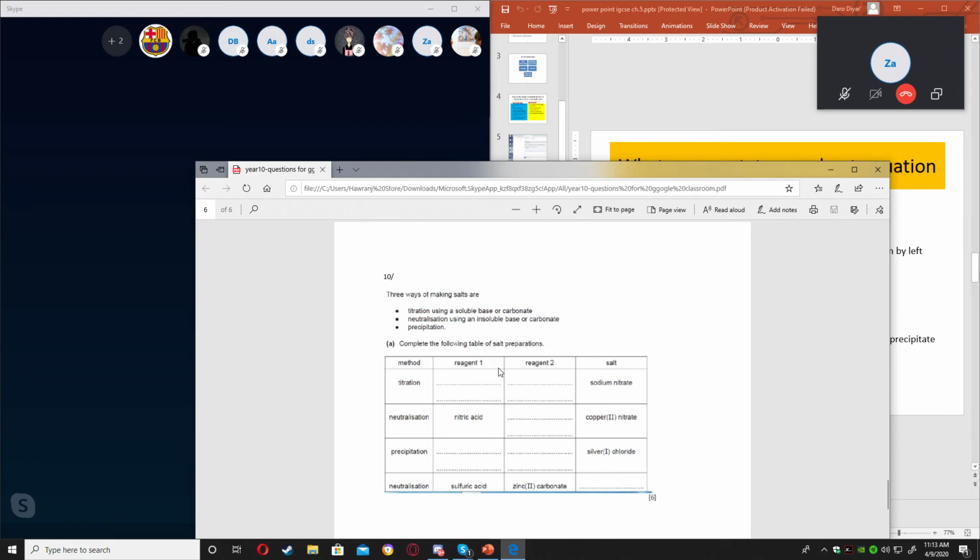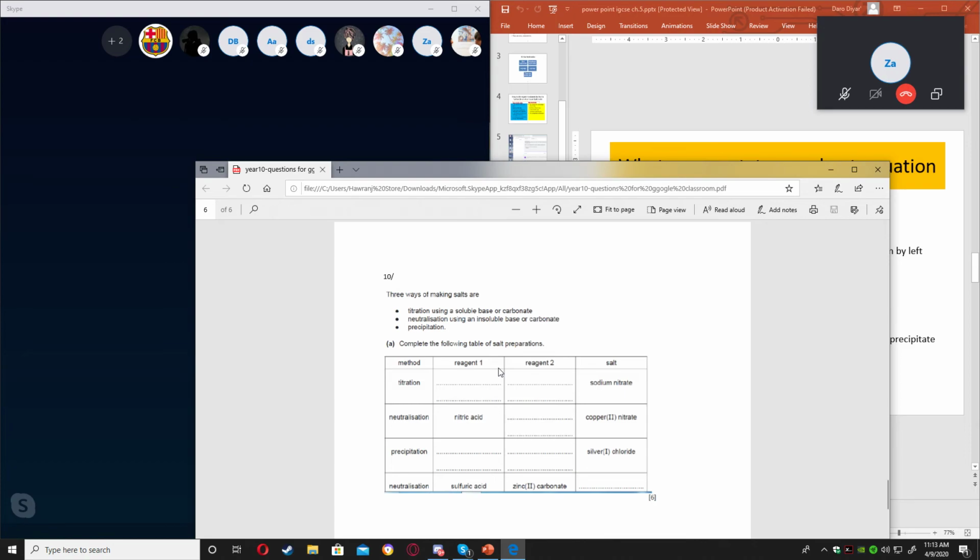Yeah. And the end point is? The end point of a titration is the point where the indicator changes color. Okay, so when we add, we will have a pink color.